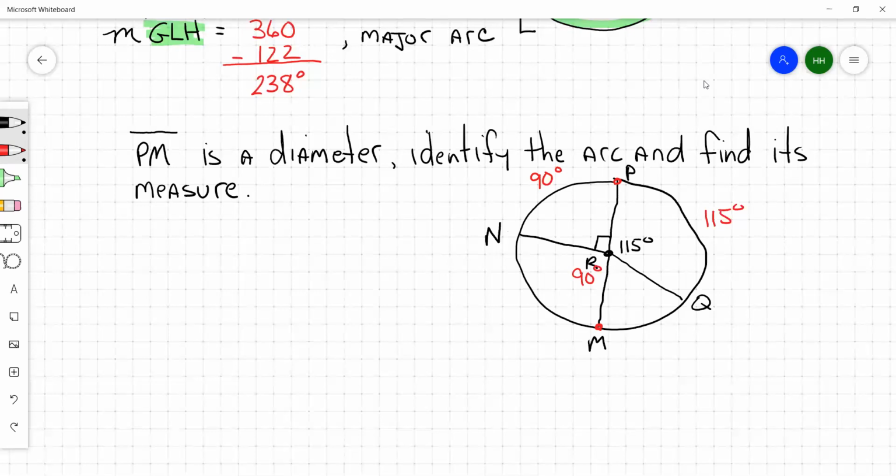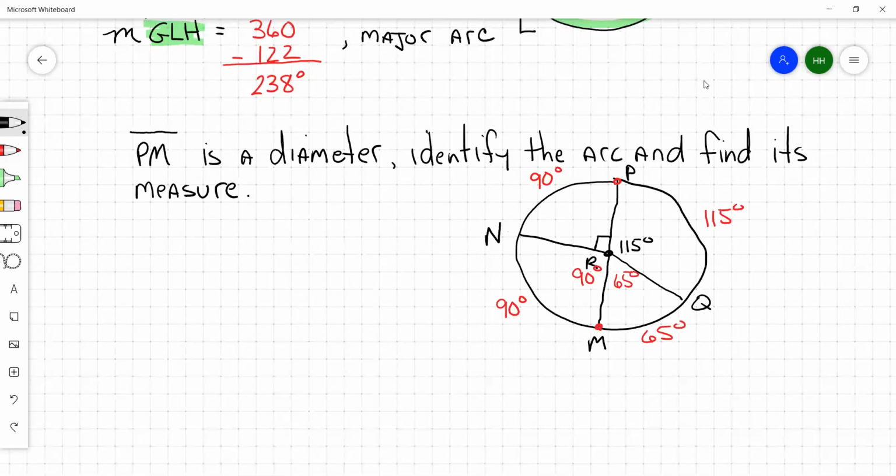Which makes arc NM 90. And if angle PRQ is 115, and you take 180 and subtract 115, you're left with 65 degrees right here, which makes arc MQ 65 degrees. That's pretty simple work to do in advance, and it doesn't take very long. And now you have all the information you need to answer any question about this circle.